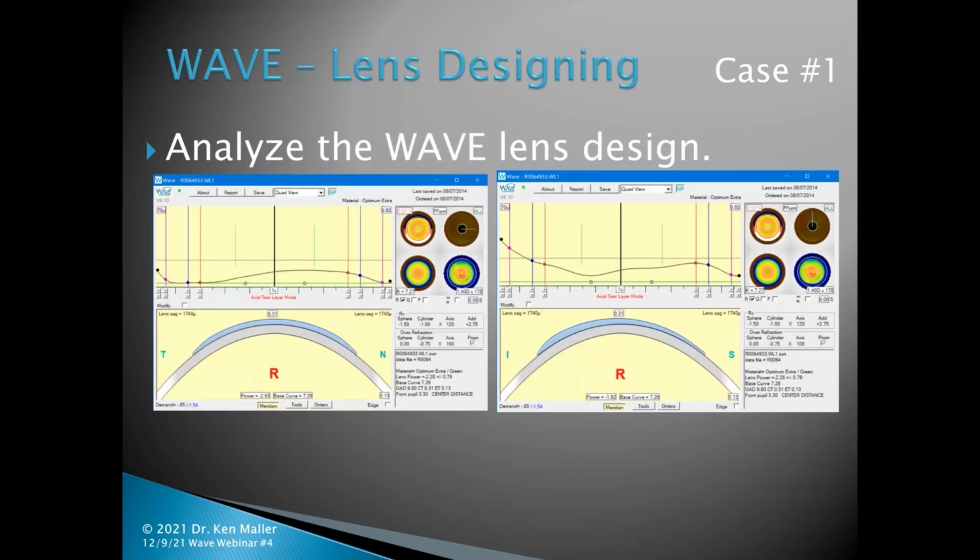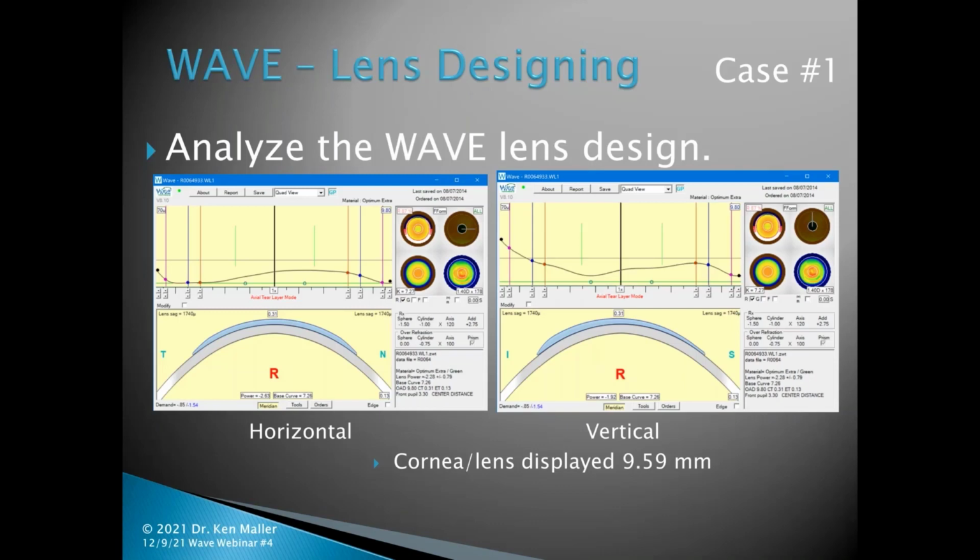So here's the Wave lens design that I came up with. On the left is the horizontal, and on the right is the vertical. Now, I'm just showing you the two principal meridians here to keep things simple and move us right along. And we can see that in the upper portion, we're displaying about 9.59 millimeters of the cornea on that line graph that's in the upper half of the Wave screen.